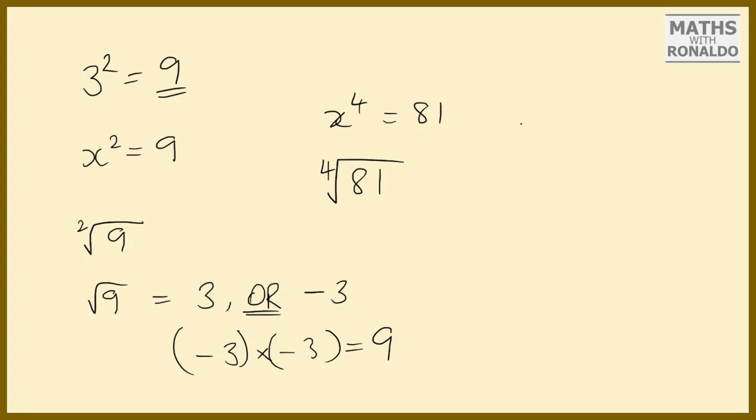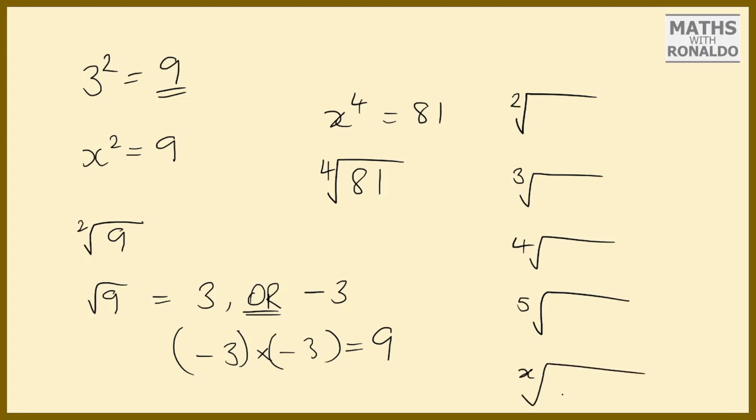The names for these are the root or the square root for when it's 2, the cube root when it's 3, the 4th root, and the 5th root when it's 5, and you can just say the xth root if you really want to for any power x, and the power I'm talking about is a to the x, so this x here.